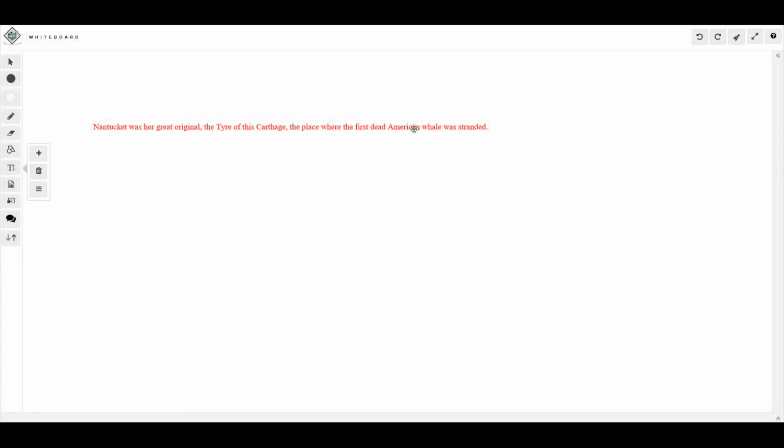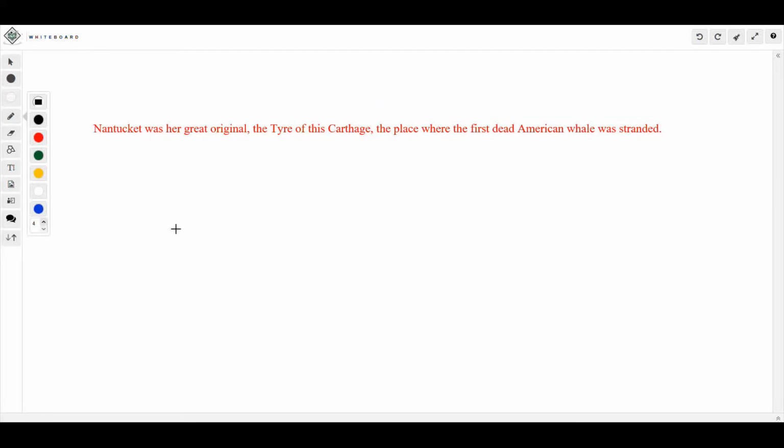All right, I may have misspelled something in there. I tried not to. Okay, so let's get our pen ready and mark our sentence. This is kind of a long one. Here's our where. As you know, we're looking for our little keywords. So here's our where: where the first dead American whale was stranded. This tells us about place.